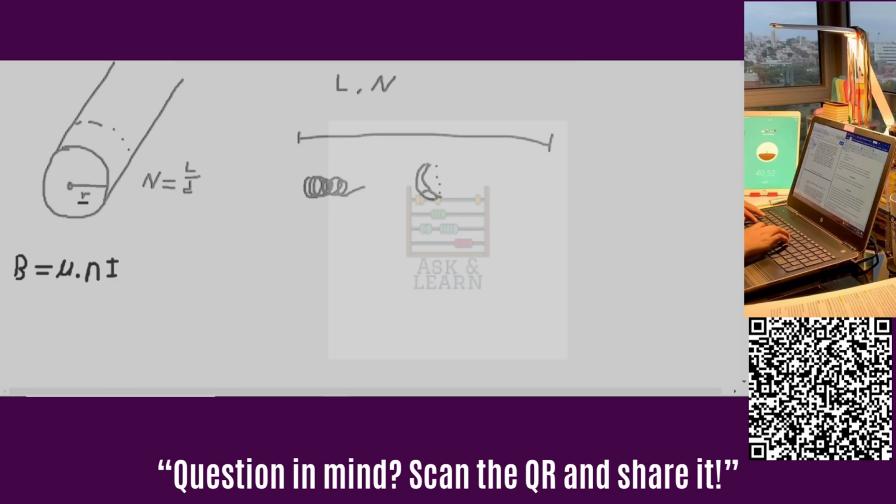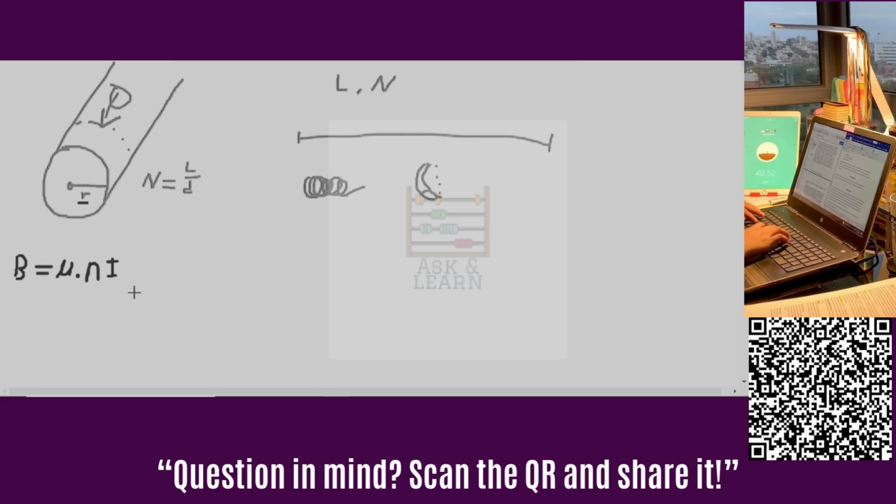The current would be little electrons running through this wire. That is the current we want, the current running through the wire that travels around the solenoid. This is our equation for a solenoid.